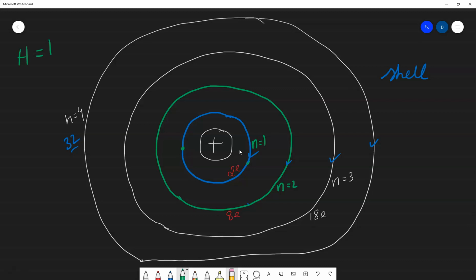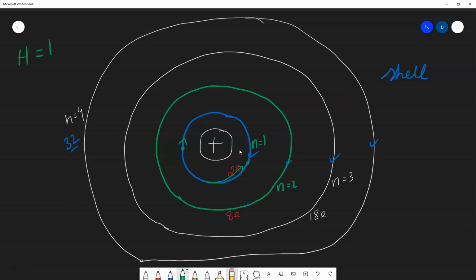Now you might ask one more question at this stage. Is the electron going clockwise or anti-clockwise? The best answer at this stage is, first of all, electrons do not go in circles.